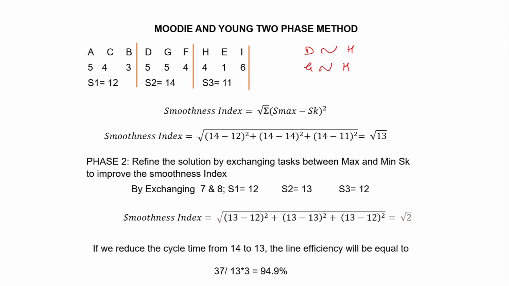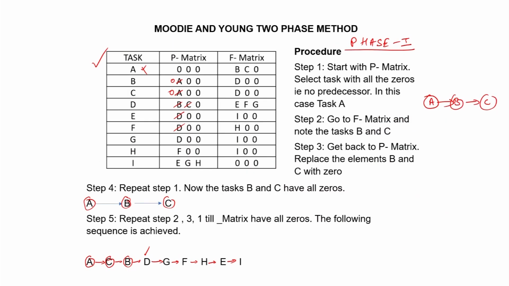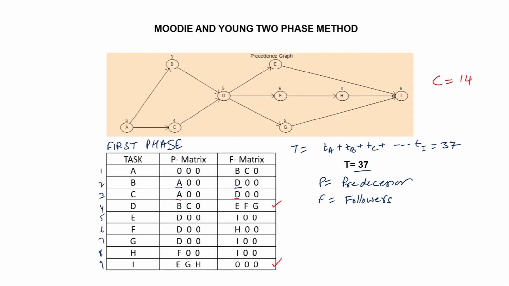For that, I have to refer to my precedence diagram to see which elements need to be carried out before H. From this diagram, you will find that E is not a predecessor for H. H can be done once F is carried out or D is carried out. So, I can easily replace the elements, or G is also done independently.